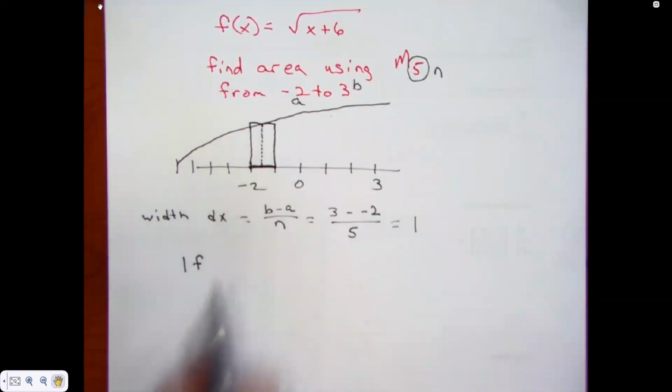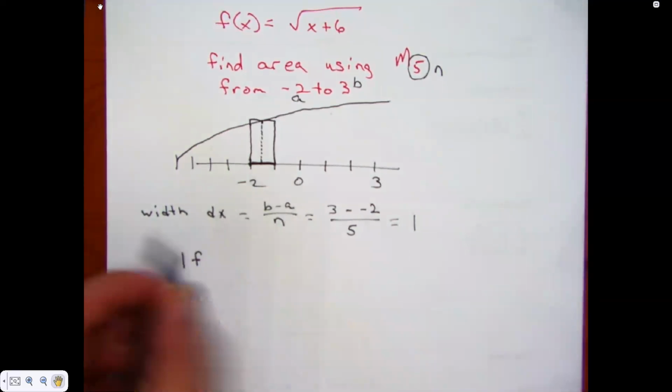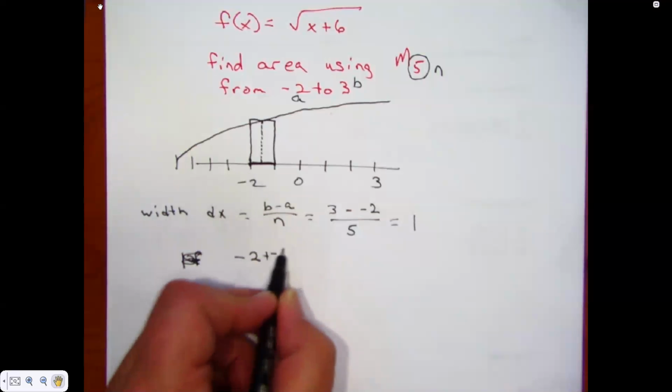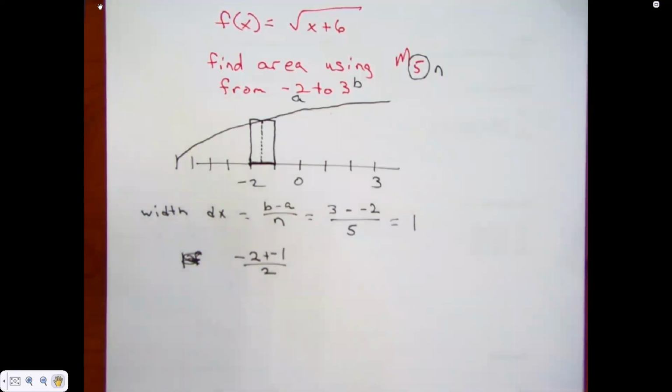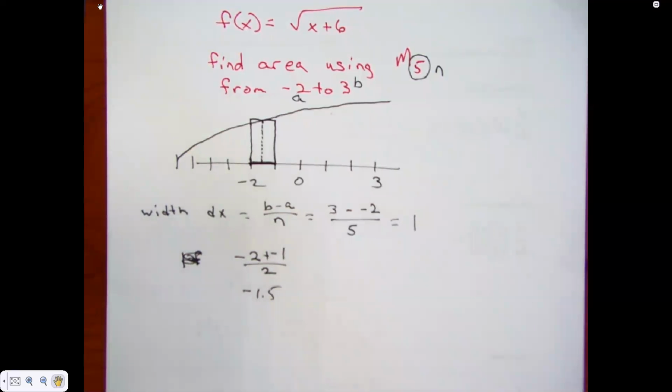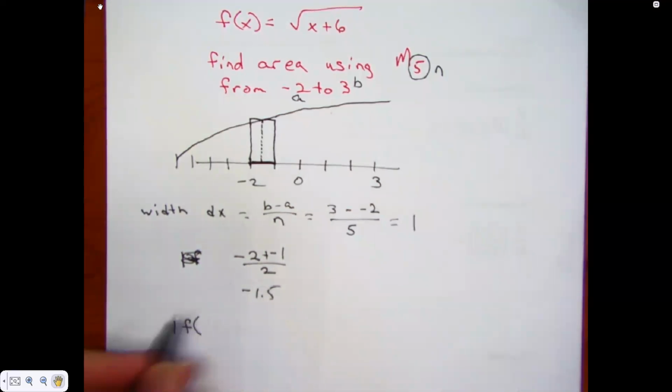Exactly. So if you can figure it out, great. If not, let's do it right here. You just simply average them together, -2 plus -1 divided by 2, which gives you -3 halves or -1.5. So it's 1, and then f, and we want the height when x is -1.5.